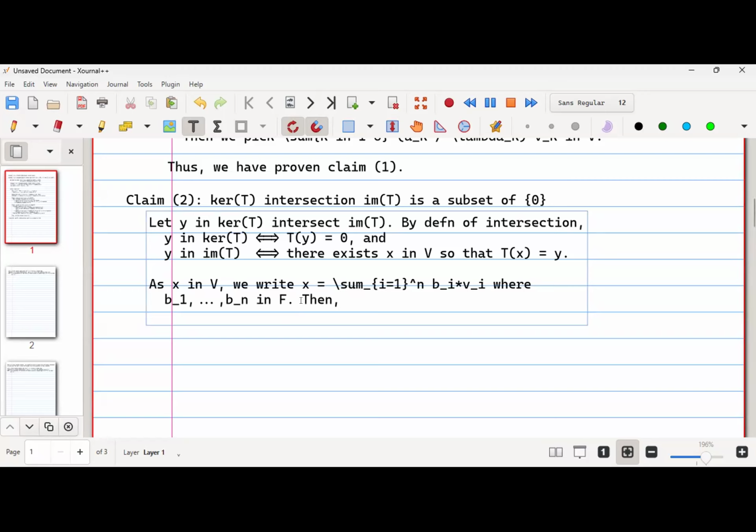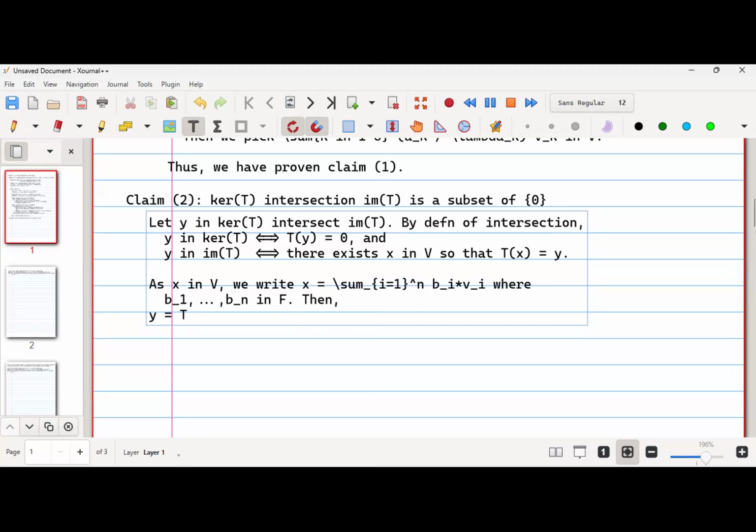Okay, well, hold on. We did characterize this x in V, so that if we mapped it through T, it does equal y. So maybe we can characterize this y in terms of this linear combination, or something very similar, of eigenvectors.